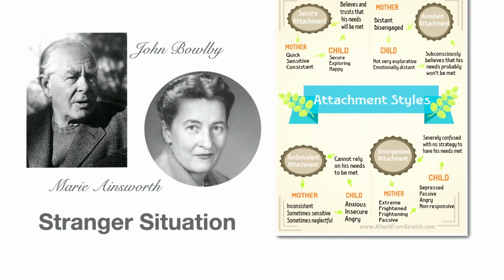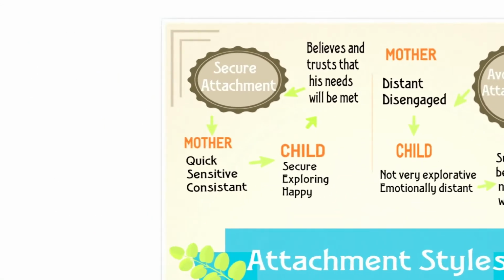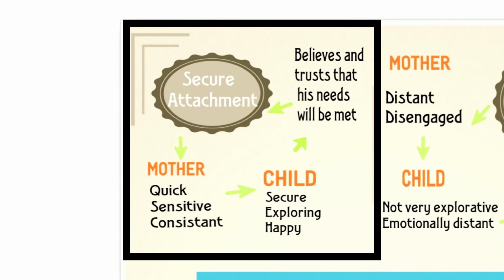So we have this graphic here, and then we're going to go right into it. The first one is secure attachment. Secure children, when in the presence of their mom, would go out, feel secure, explore, and be happy. Mother's behavior was quick, sensitive, and consistent. The basic belief is trust that their needs will be met.